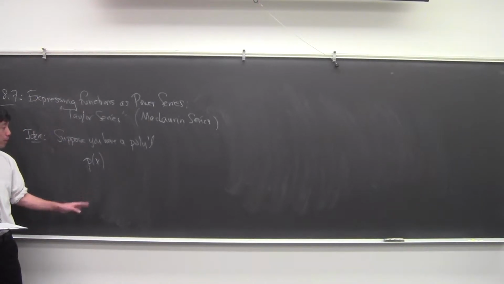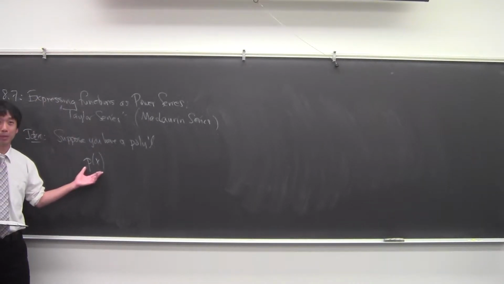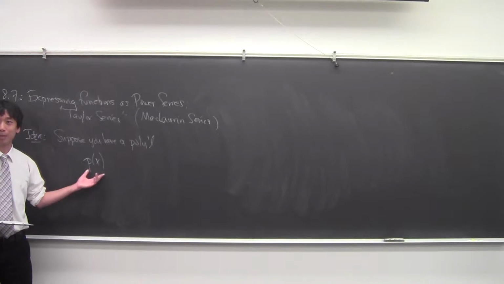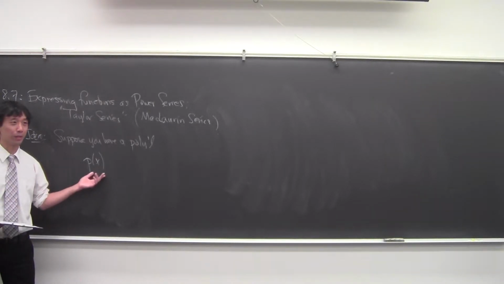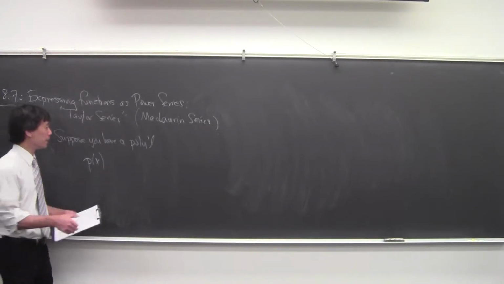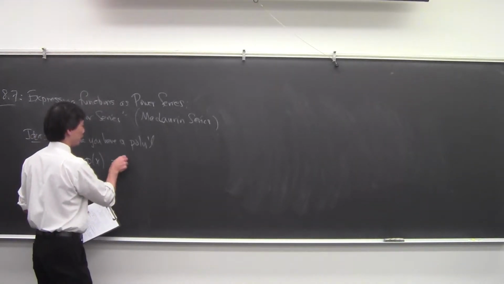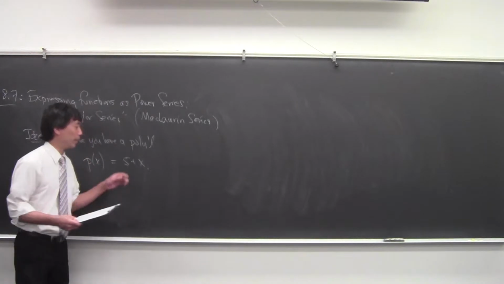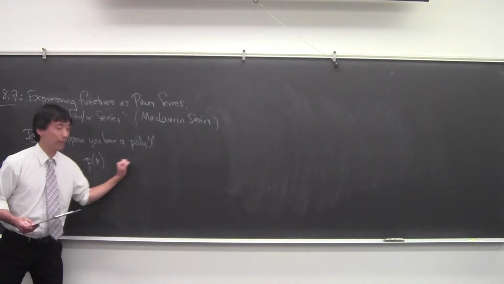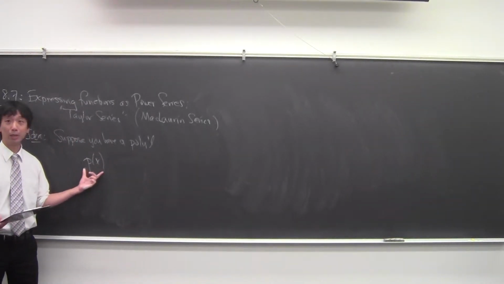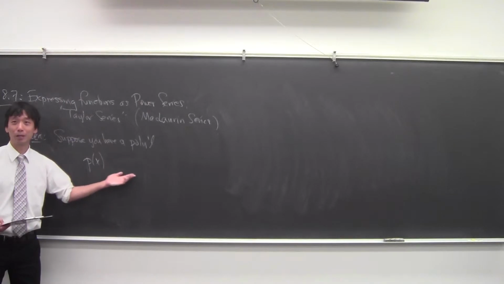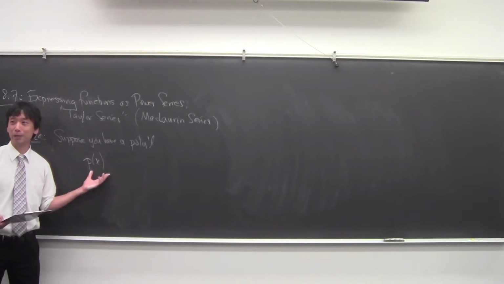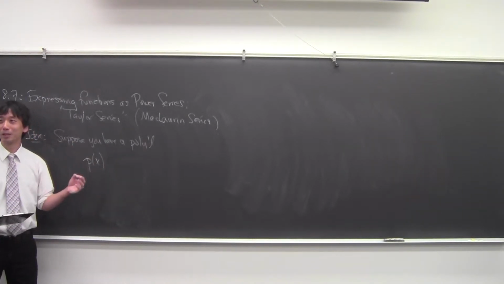So how would you figure out the constant coefficient? If this is secretly 5 plus x, how would I pick out that 5, if I have the ability to evaluate this function at any point? Where am I going to evaluate it to get that 5? Anna? 0. That's 0.